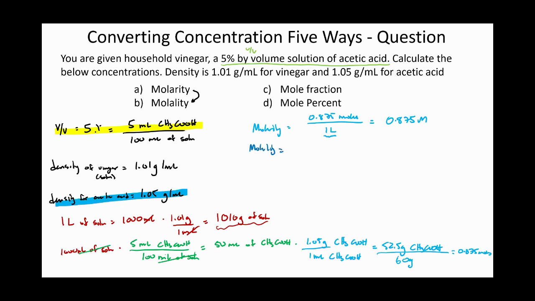For molality, we just step down to one of the other things we've calculated. We use our same number of moles, 0.875 moles, and now we just need kilograms of solvent. So we're going to take that total mass of solution and subtract out the 52.5 grams of our solute. That gives us a total mass of solvent of 1058.5 grams.